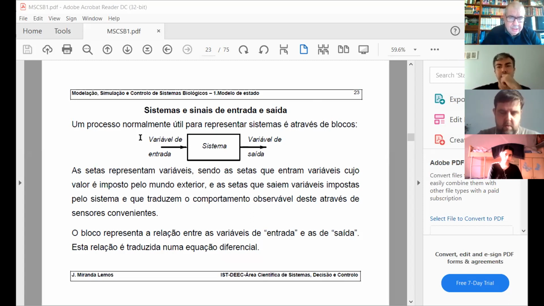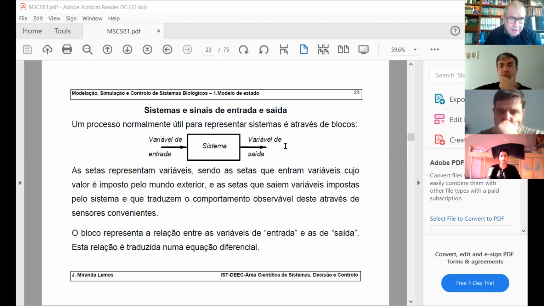These variables can be, for instance, the position of a valve, the degree of opening of a valve, or a rate of administration of some drug to the system, or an electrical value. So it's something that you can manipulate. So this is an input variable, a manipulated variable.